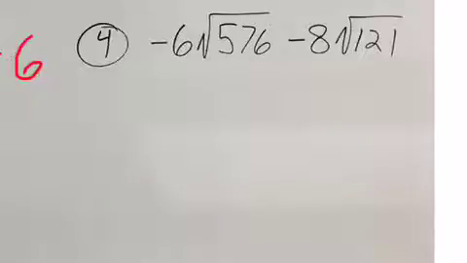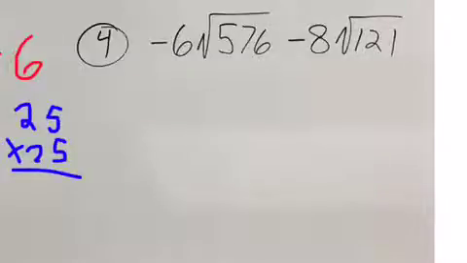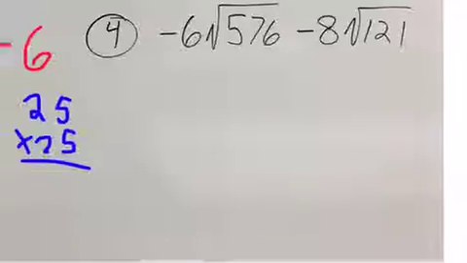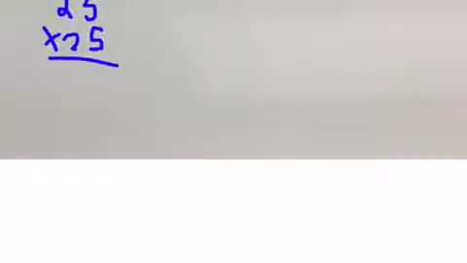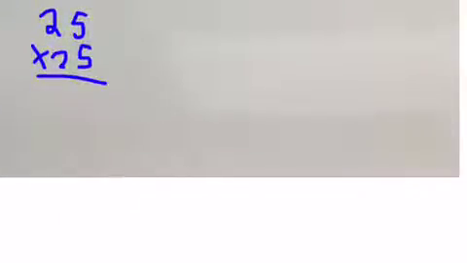Let's do 25, right? So just in the margin, we'll do 25 times 25, okay? And 5 times 5 is, you know what, I need to move my paper. I need to move my screen so we can see this a little bit better. All right, 5 times 5 is 25.